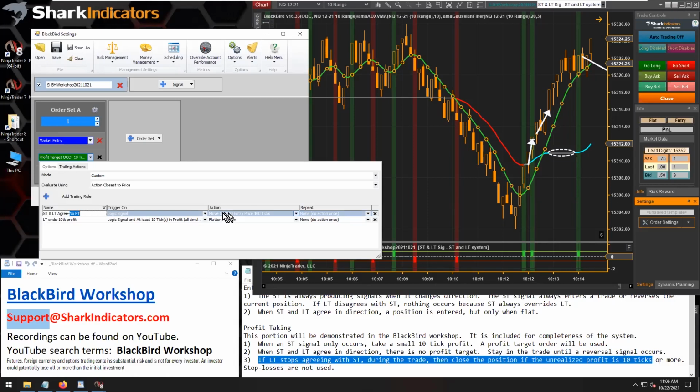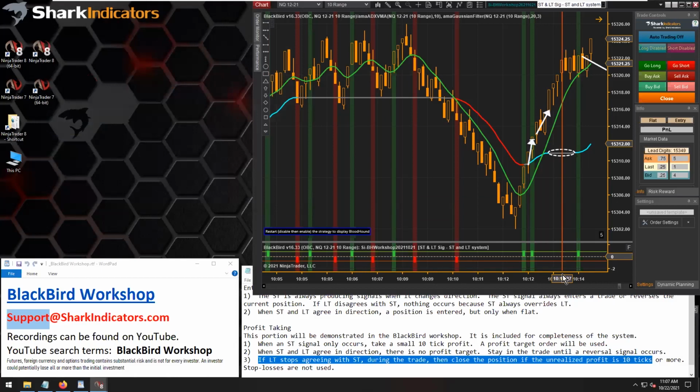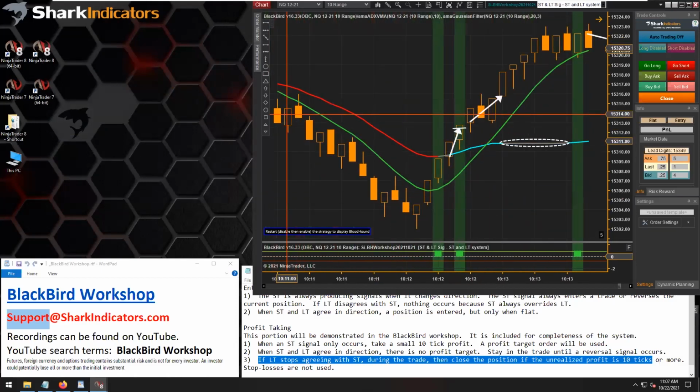So now that the profit target still exists, this trailing rule has a chance to actually execute and flatten the trade when the long-term indicator no longer agrees. Now that trailing rule can do its evaluation and check to see, do we have 10 ticks of unrealized profit? And if so, then flatten the trade out. So let's take a look here.